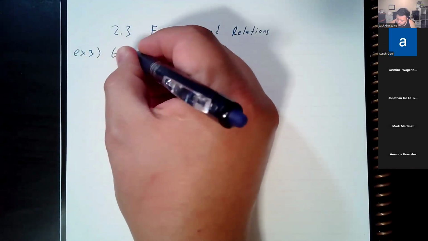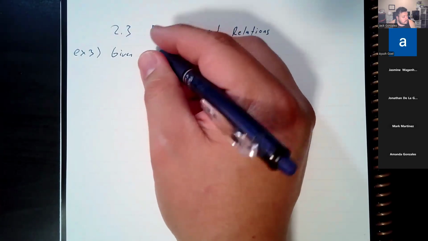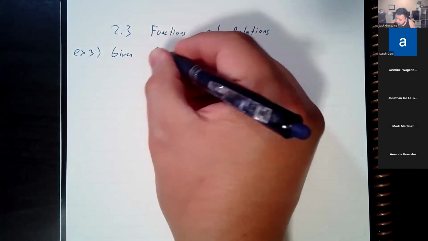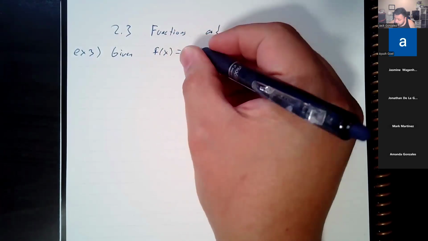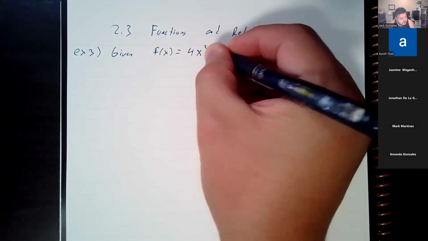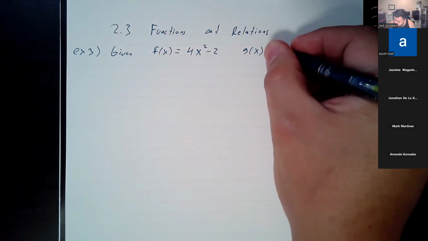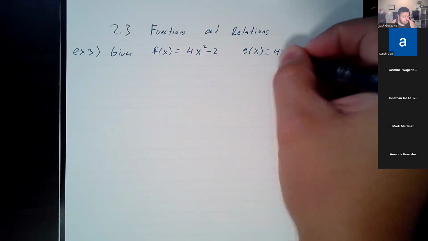So given f of x, the function f equal to 4x squared minus 2, g of x equal to 4x plus 4.